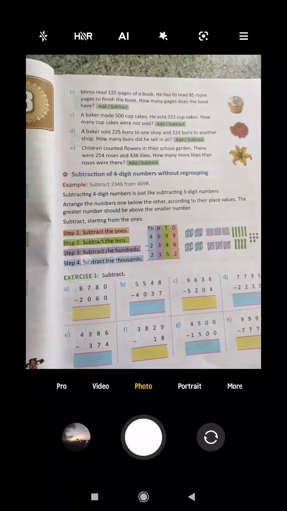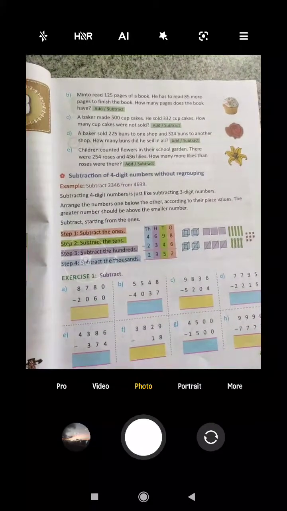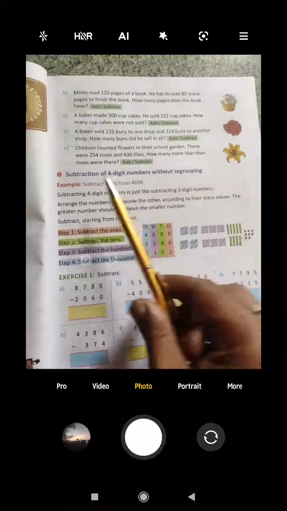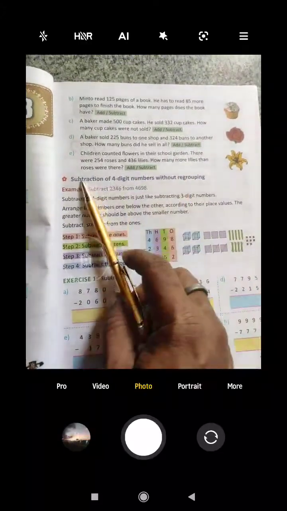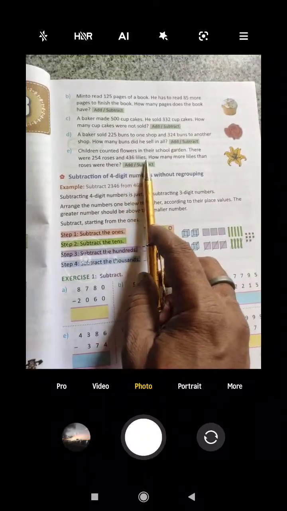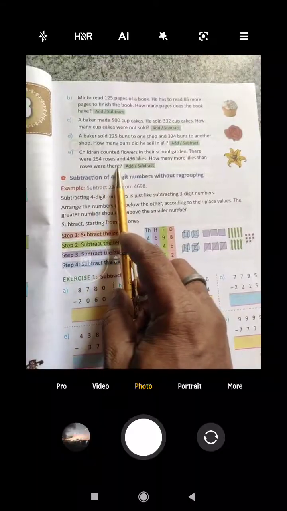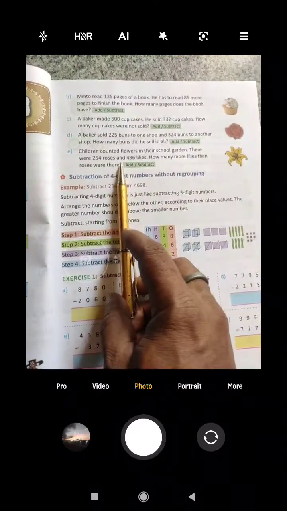How many more lilies than roses were there? So you subtract, and automatically this will come.